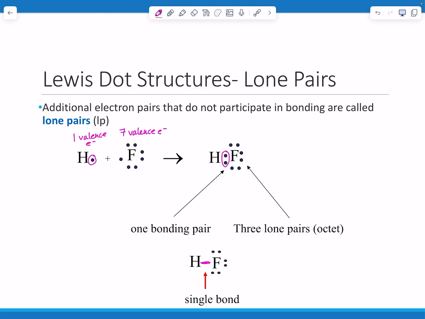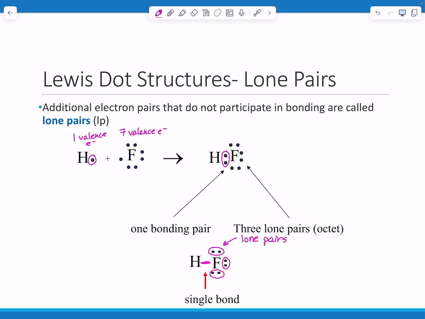Now, there are other valence electrons in the fluorine, 3 pairs of them, as a matter of fact. They are not participating in bonding, but they are in the valence shell of fluorine, and we call these lone pairs.